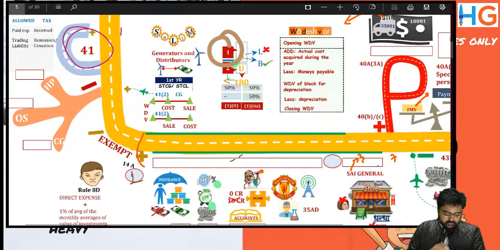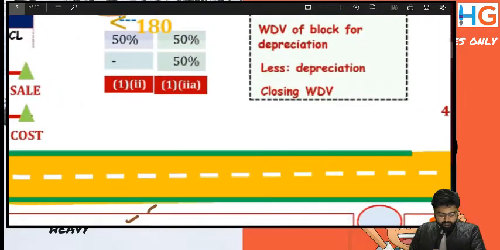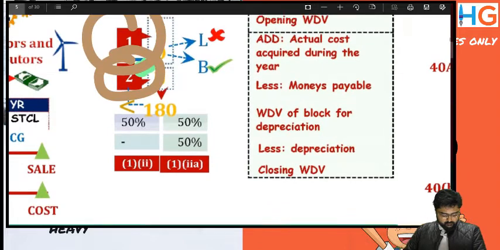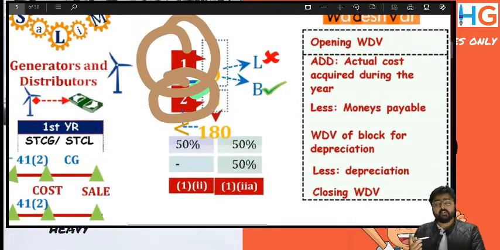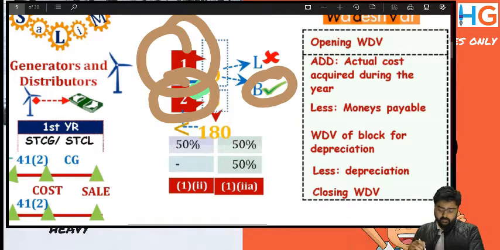So the first condition is IO, the second condition is U. Now, for the ownership, is legal ownership important or beneficial ownership? As per the Income Tax Act and various judicial pronouncements, it has been decided that beneficial ownership is important and not legal ownership.